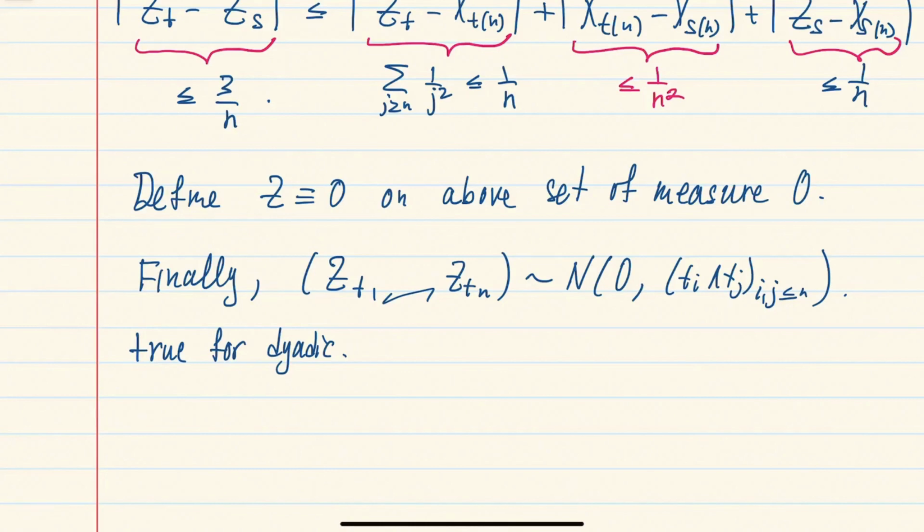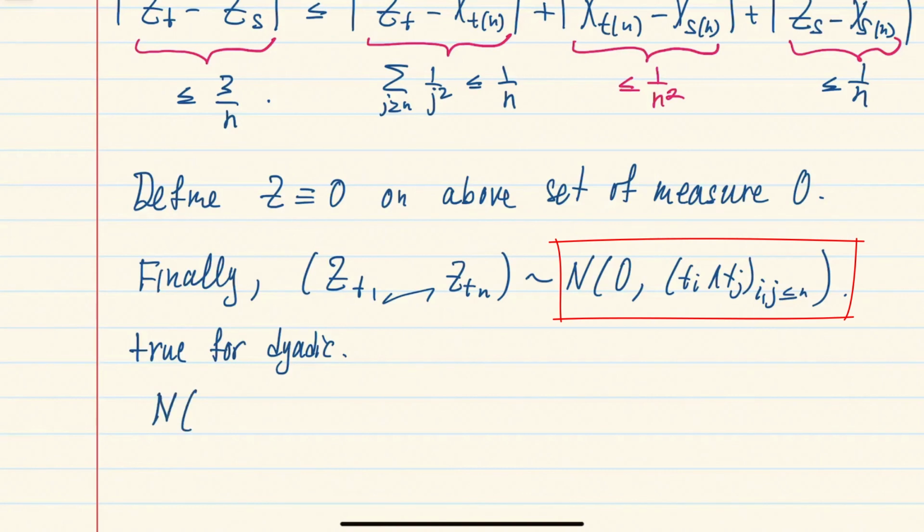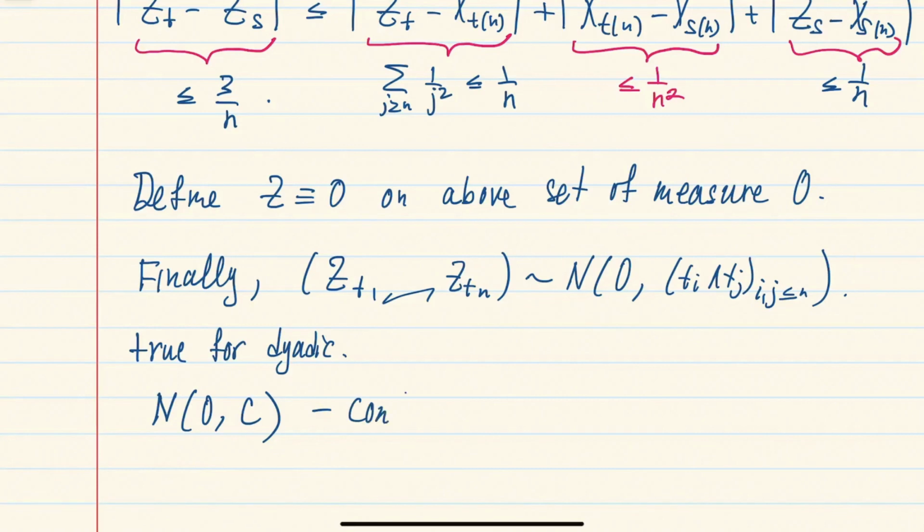But on the other hand, when you do that approximation, your process x at dyadic times is this Gaussian, and you simply have to appeal to the fact that when covariance matrices converge, the Gaussian distributions also converge. So Gaussian distributions are continuous with respect to the covariance matrix.